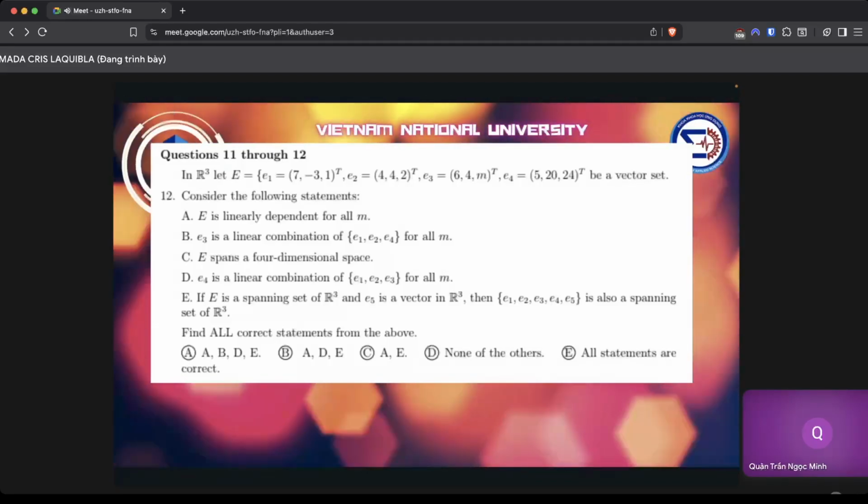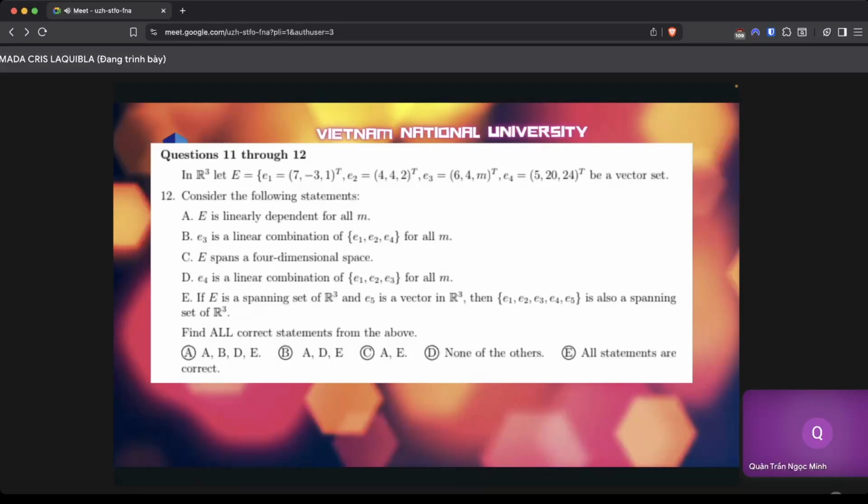Letter C, E spans a four-dimensional space. D, E4 is a linear combination of E1, E2, E3 for all m. And then E, if E is a spanning set of R3 and E5 is a vector in R3, then E1, E2, E3, E4, E5 is also a spanning set of R3. So find all correct statements from the above.